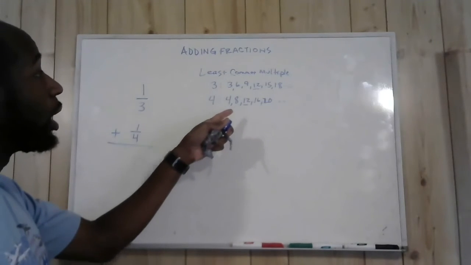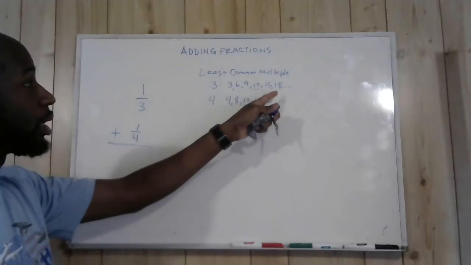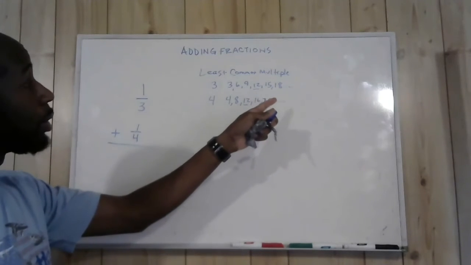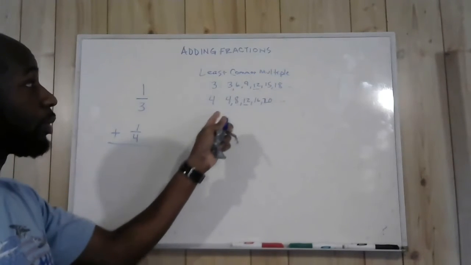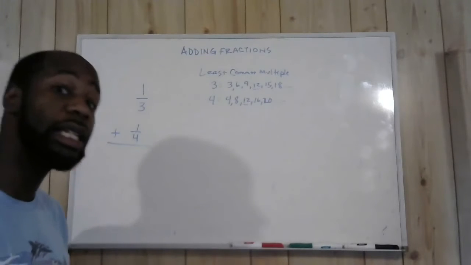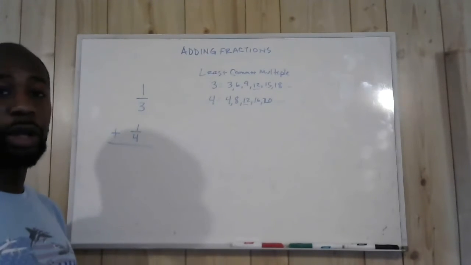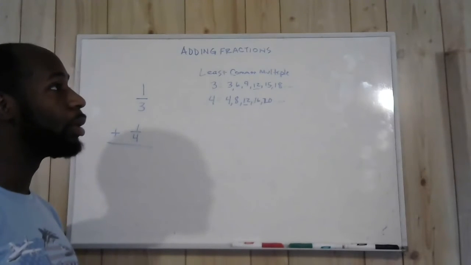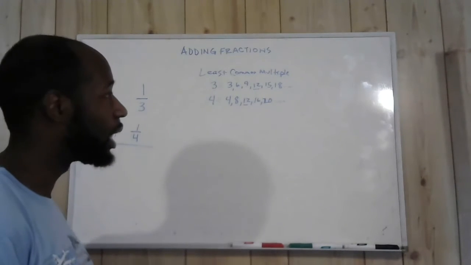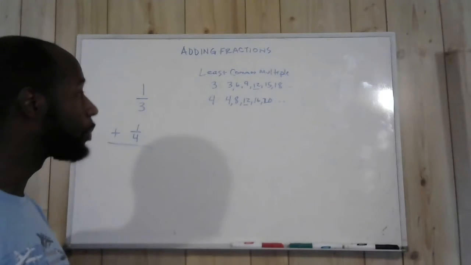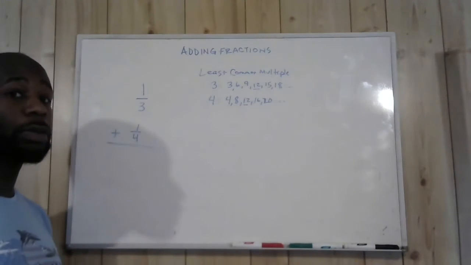Because another multiple that each of these has is 24. Because 3 times 8 is 24, 4 times 6 is 24, but it's not the least common multiple. If you go for a higher one, then you probably end up having to simplify more later on when you get the answer. But anyway, the least common multiple is 12.